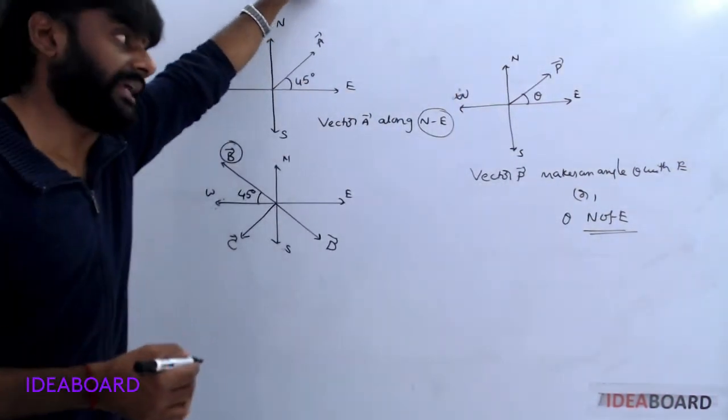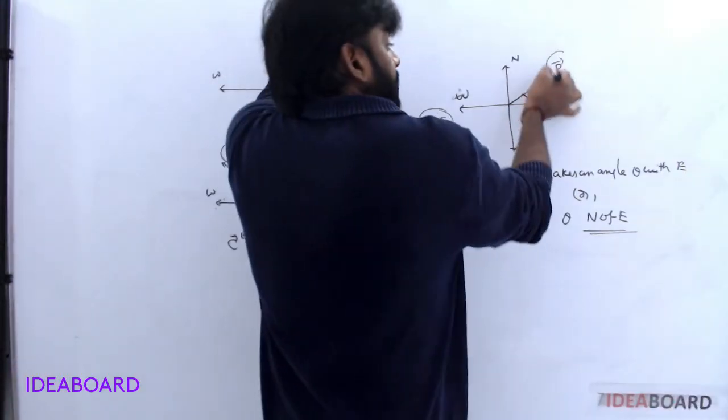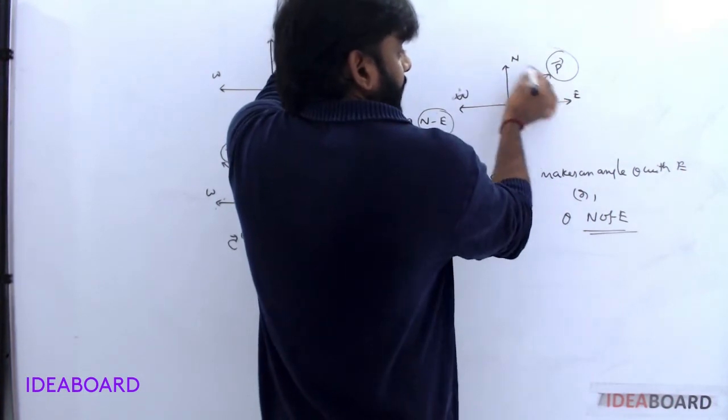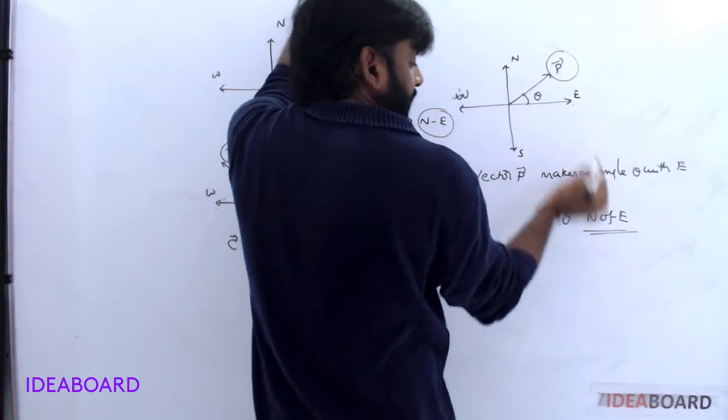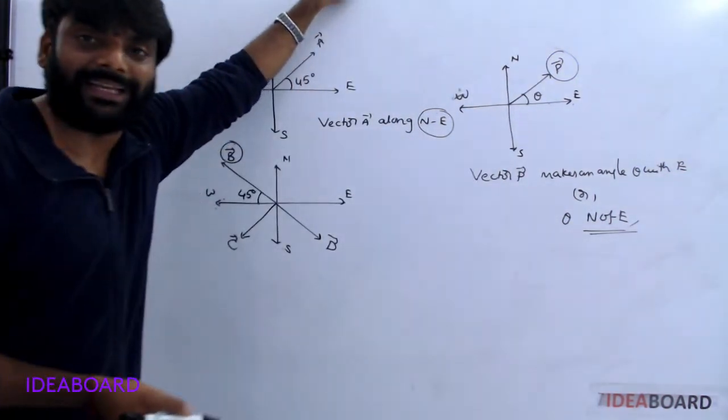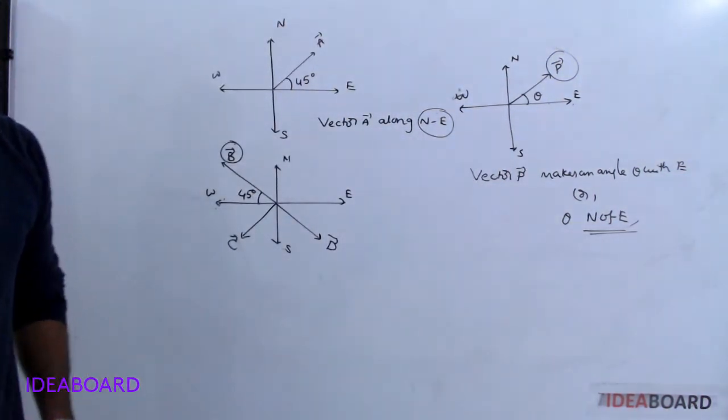Theta north of east. That means this vector is in the northeast. So it makes an angle theta with east, which you simply write as north of east. Understood? Okay.